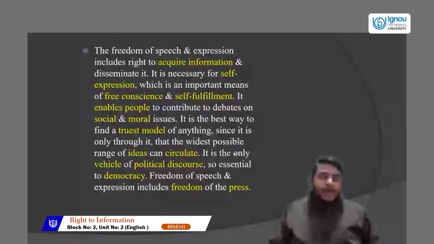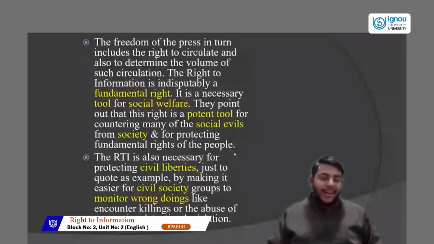The freedom of press also includes the right to circulate and also to determine the volume of such circulation. That's also a very important aspect of the right to information.